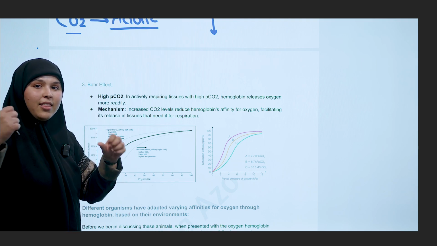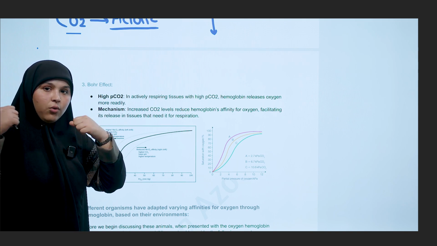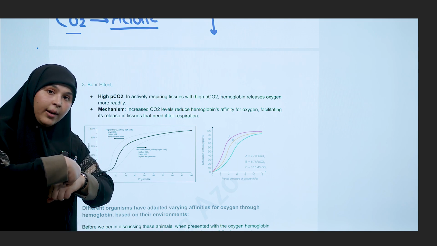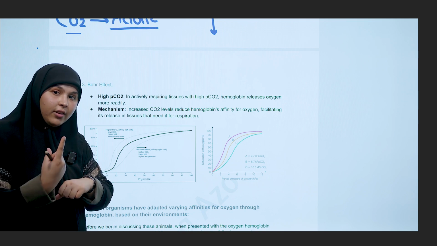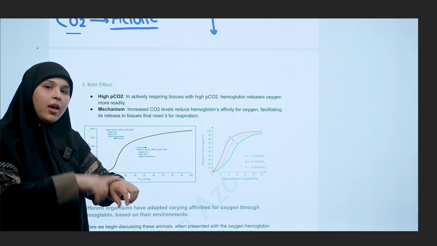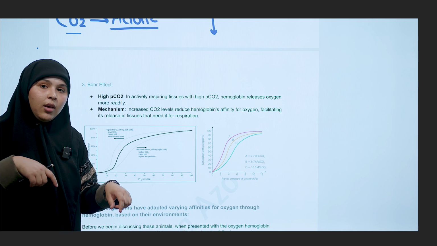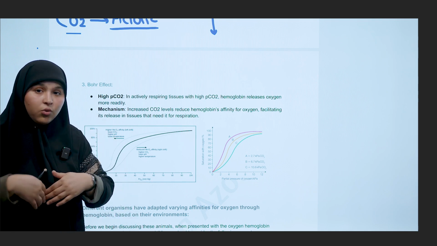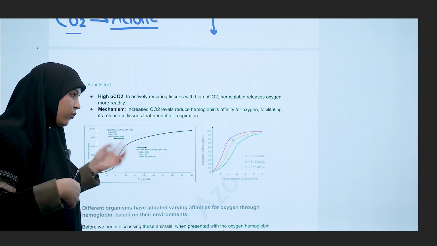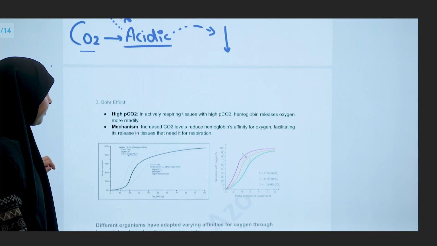Do you remember when I said that we need to load the oxygen into the red blood cells, specifically into the hemoglobin within the lungs, right? So we must have higher affinity, and this is what happens in the lung. But what will cause the same red blood cells with the same hemoglobin to unload the oxygen into the cells? It's because of this effect. Of course, there's an enzyme. You don't need to know about this enzyme and its function.